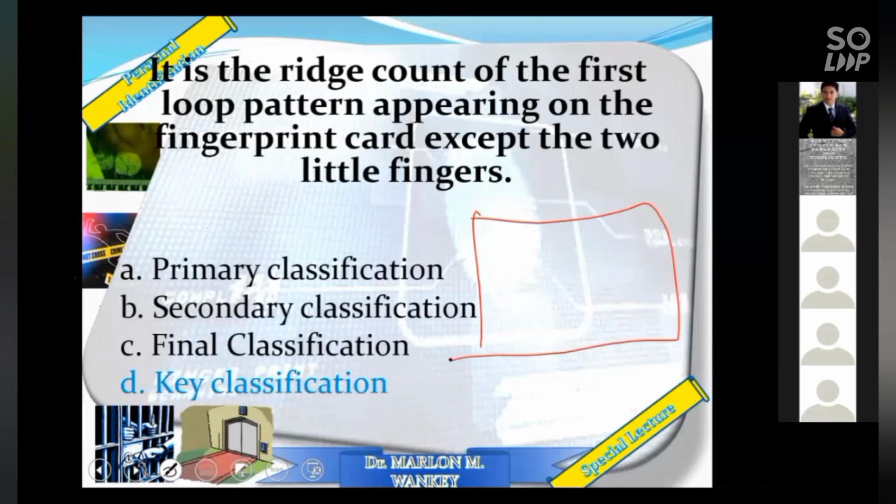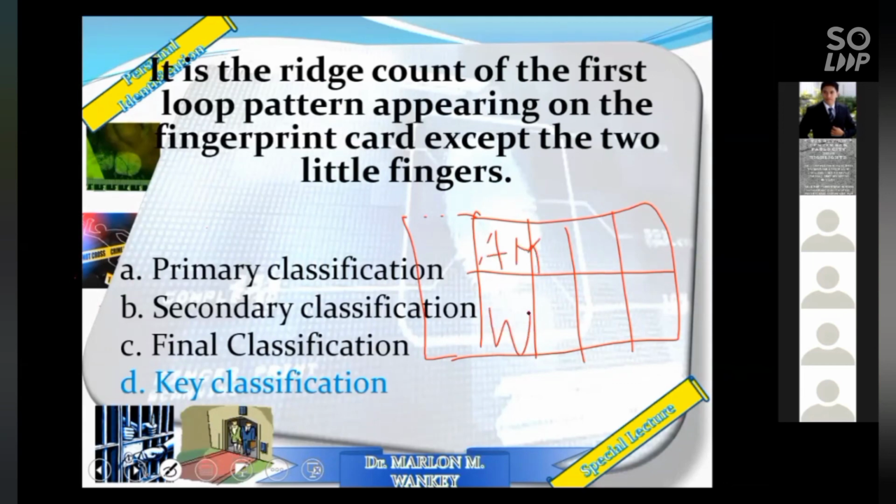By the way, let me just discuss something on the subsecondary classification. When a finger is amputated and the other is a whorl, automatically this is treated as a whorl, and the classification is meeting.